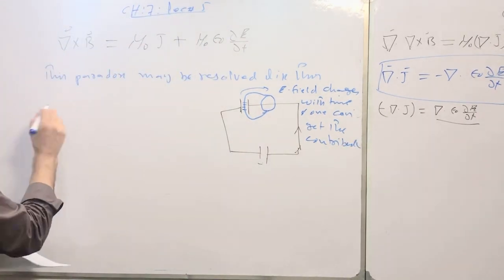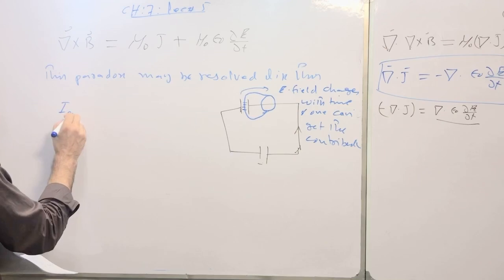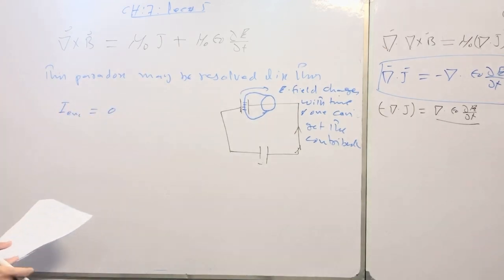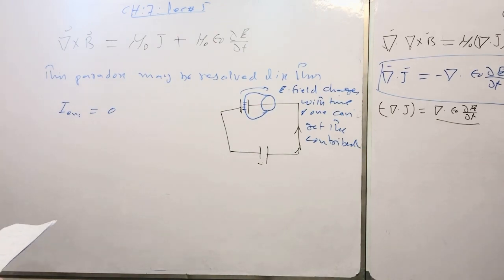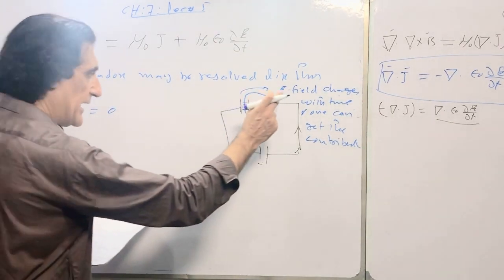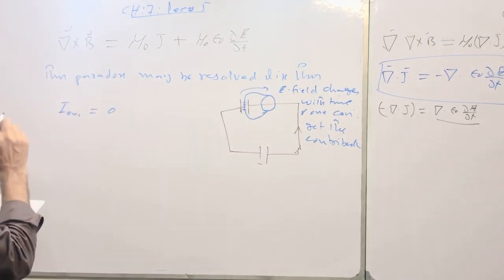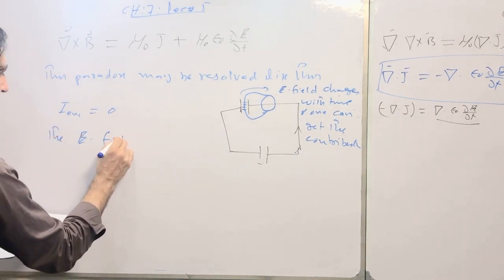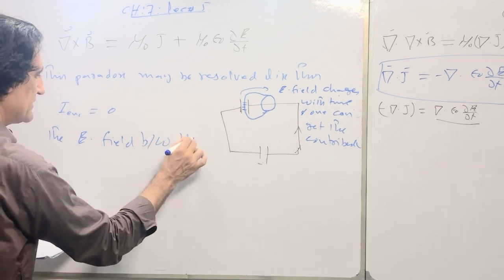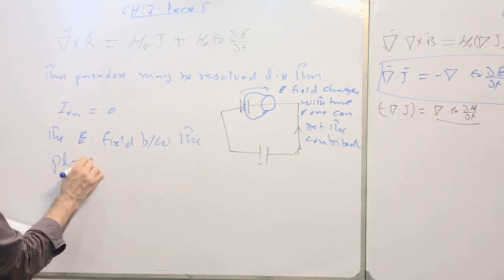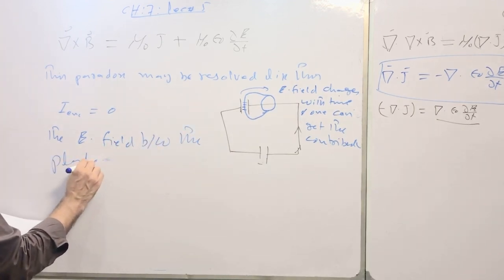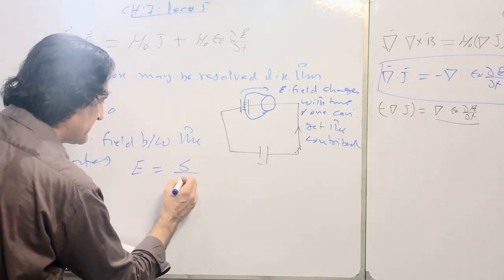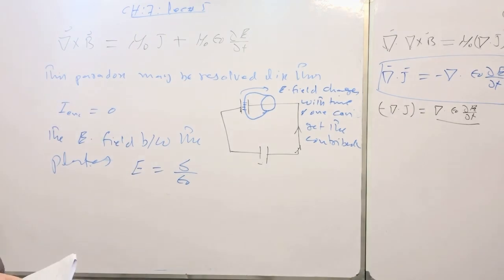And for this type of balloon shape, the enclosed surface will be equal to 0, and the electric field between the plates must be equal to sigma divided by epsilon naught.